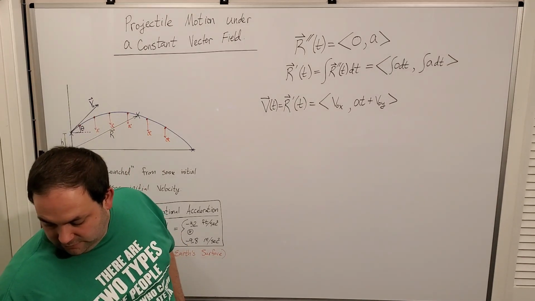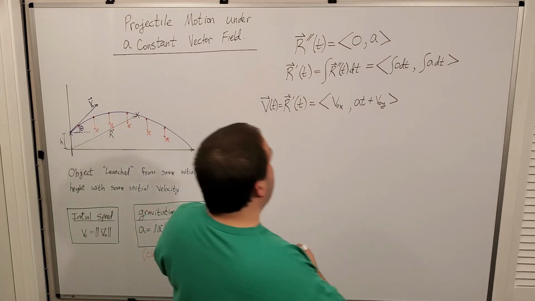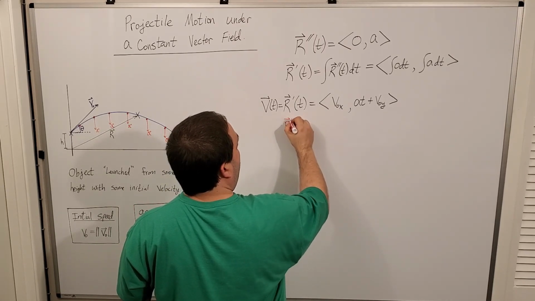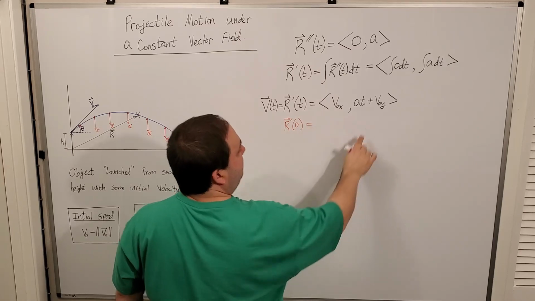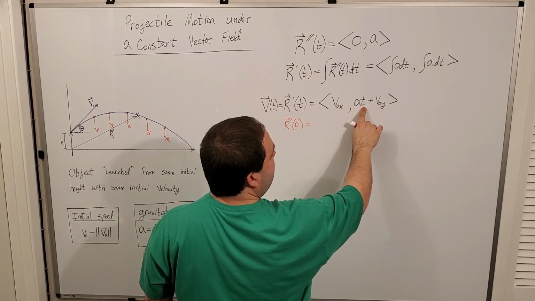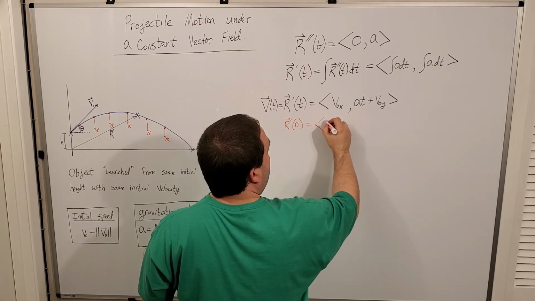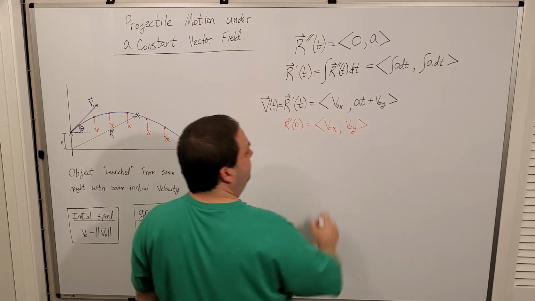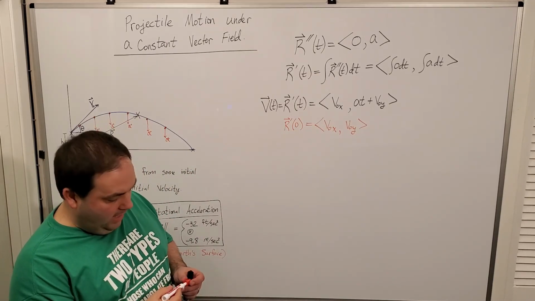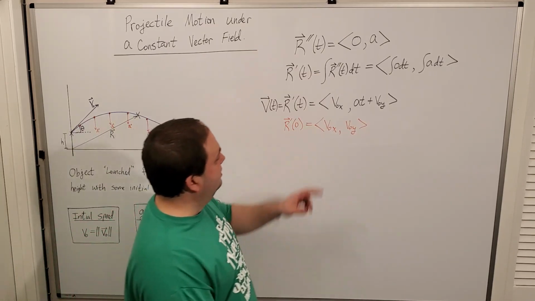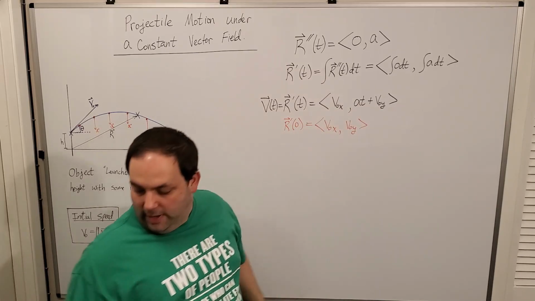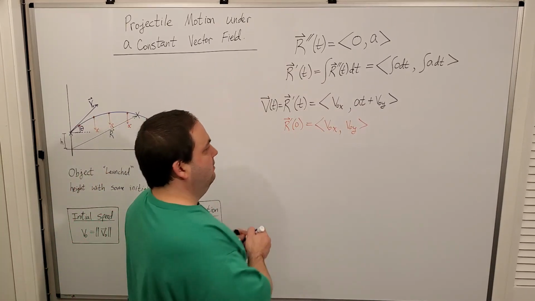Now, how do I know that those are the initial values? Well, let's think about this for a second. If I let t equal 0, right? If I do r prime of 0, that's just going to plug in here. a times 0 is 0, and I'm going to end up with v naught x and v naught y. So that's why I'm labeling those two constants right here. Technically, what I did with these two is that after I did my integration, those are my plus c, right?